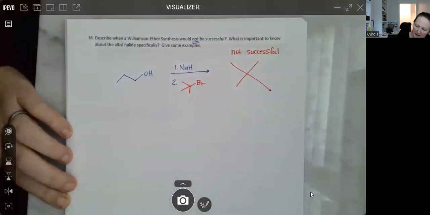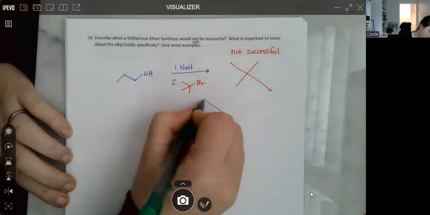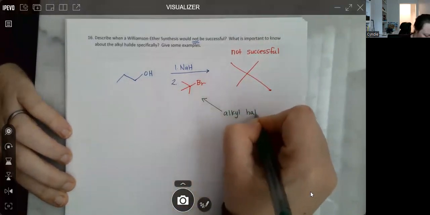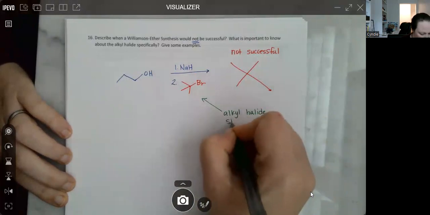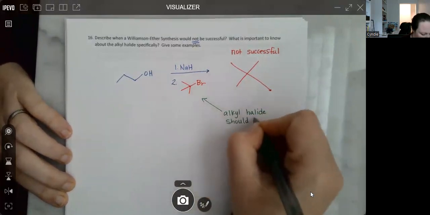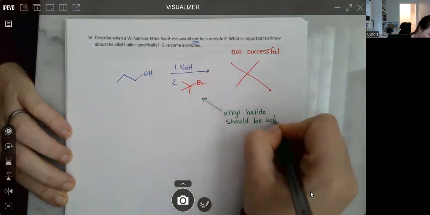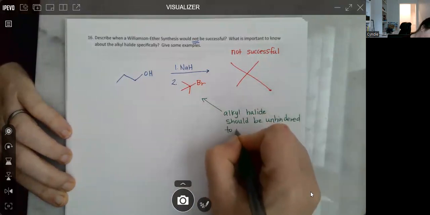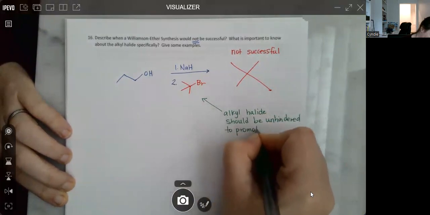And then we'll just make a mention here that the alkyl halide should be unhindered to promote a successful reaction.